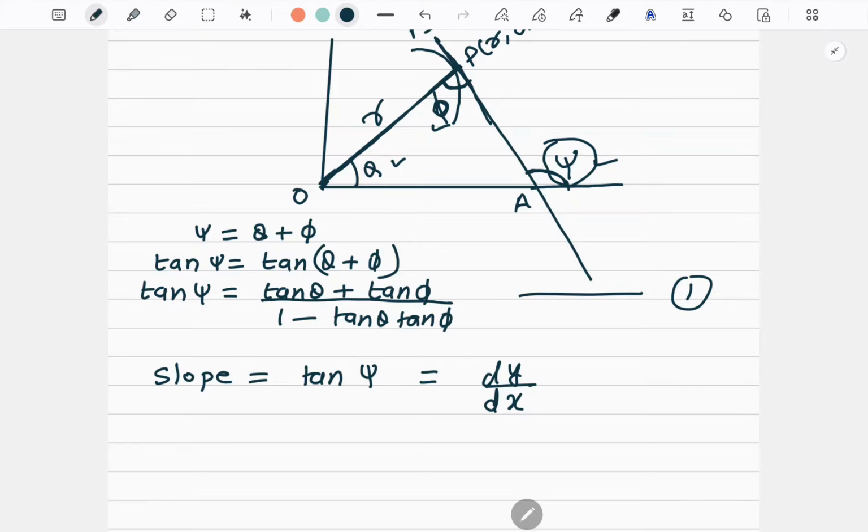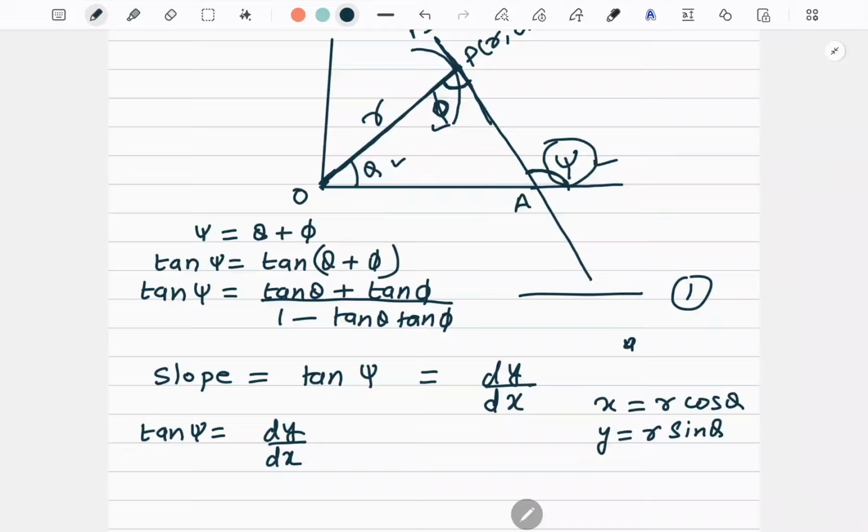Now I know that y and x belong to Cartesian form, and we also know that y is equal to r sine theta and x is equal to r cos theta. This we already know. Correct? Now I have tan psi equal to dy by dx.